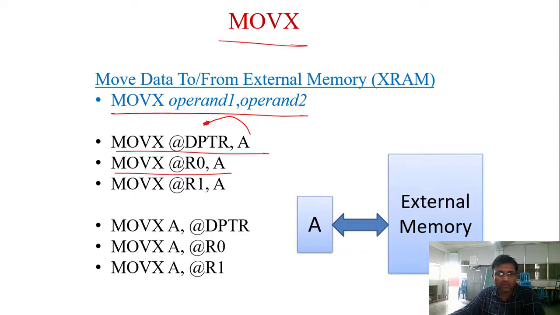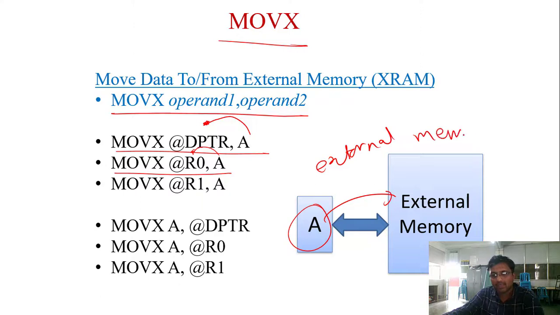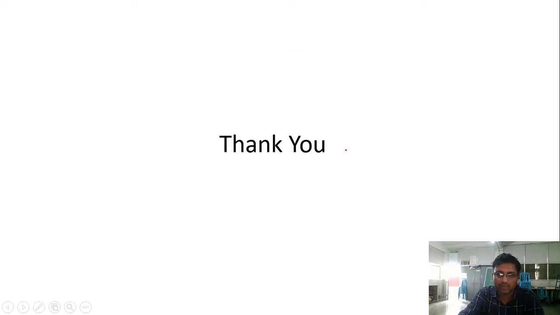MOVX @R0, A copies to R0, but this R0 is pointing toward the external memory. So whatever data is present in the accumulator will be copied to the external memory. For external memory we can use MOVX, and for code memory we can use MOVC. Okay, so like this we can use data transfer instructions.